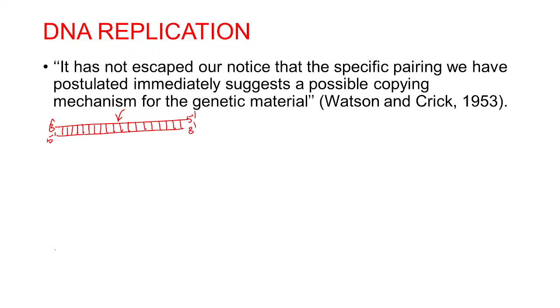So, this is a DNA molecule, and the hydrogen bonds will be present between the base pairs, right. What will happen during the process of replication? The first step is that it starts at one particular point called the Ori site.